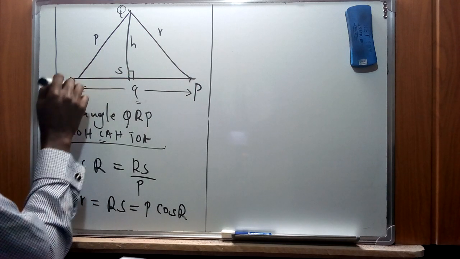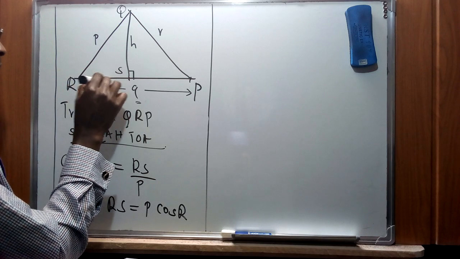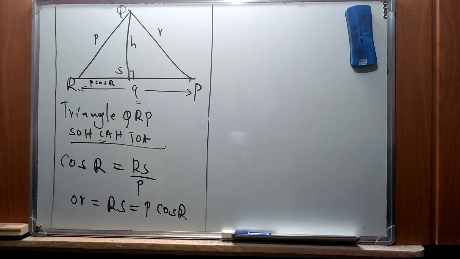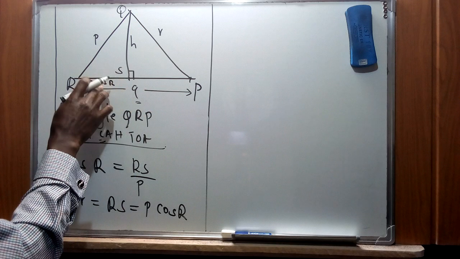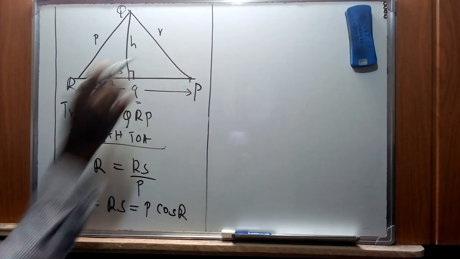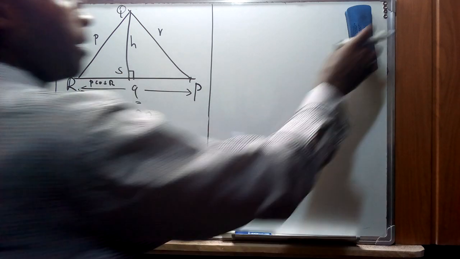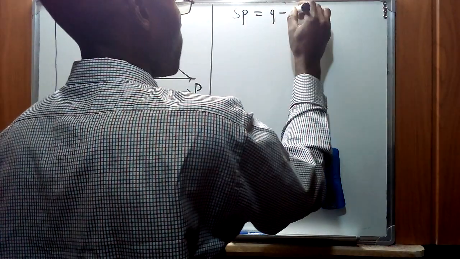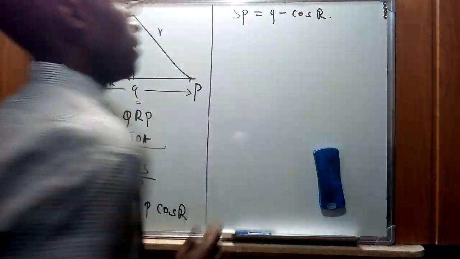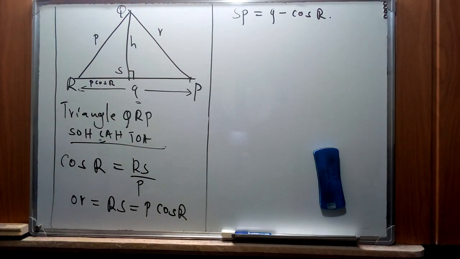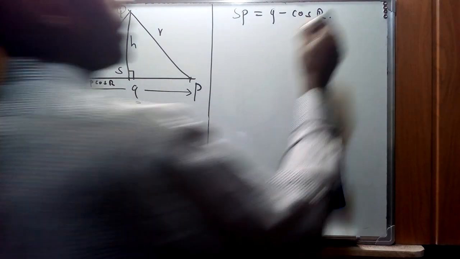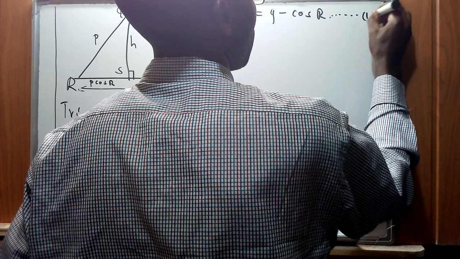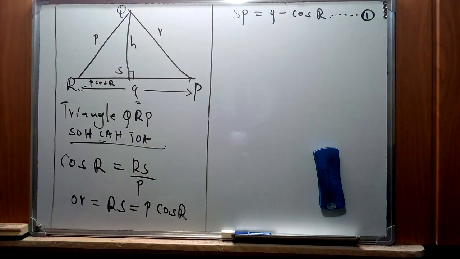If this one is p cosine of R, then q minus p cosine of R is going to give us SP. So we can define SP as q minus p cosine of R. From the comparison between the two, we can define this one as our first equation. We're going to use it for comparison somewhere.